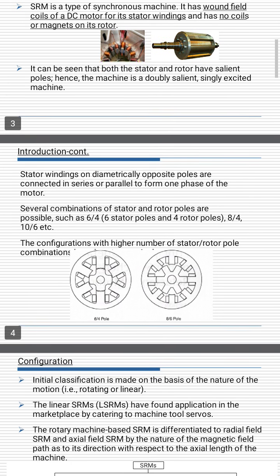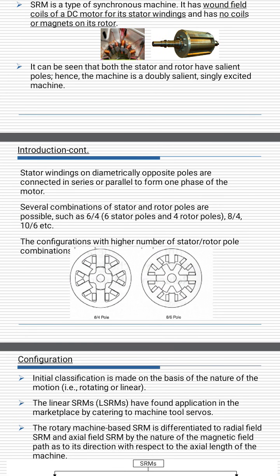Now here, the stator winding on diametrically opposite poles is connected in series or parallel to form one phase of the motor.